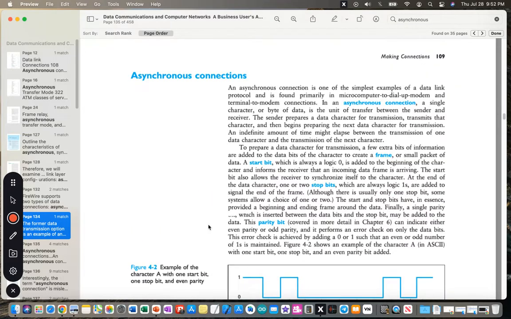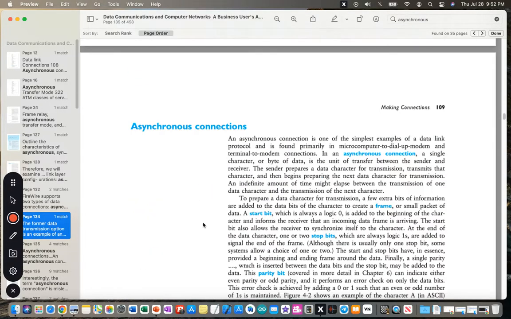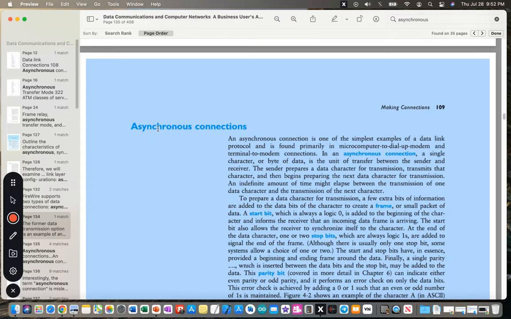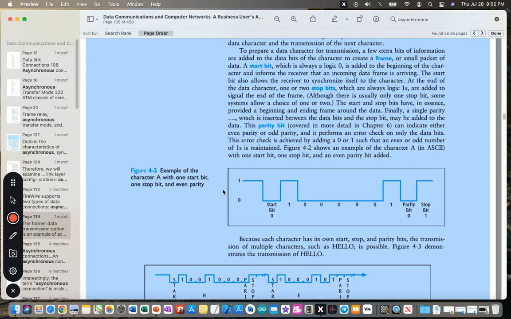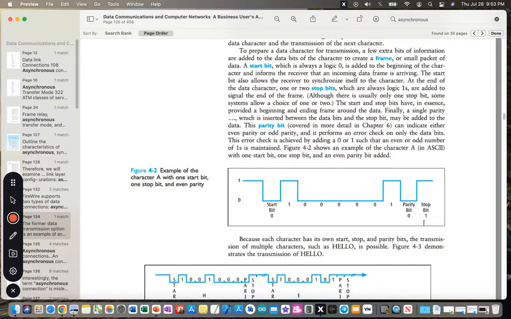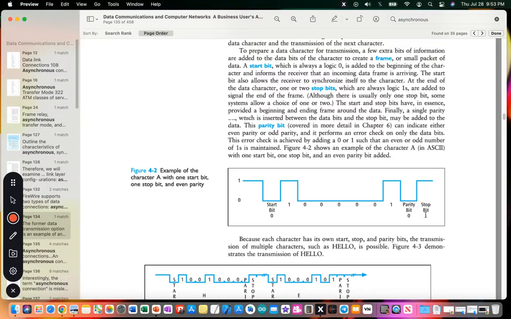So data link connections, asynchronous, right? Asynchronous, this one here. It says start bit, frame, and stop bit. So an example of a character A with one start bit, one stop bit, and even parity. So start bit, stop bit, and even parity: 1, 1.5, and 2. This is to start, like I'm going to start sending.